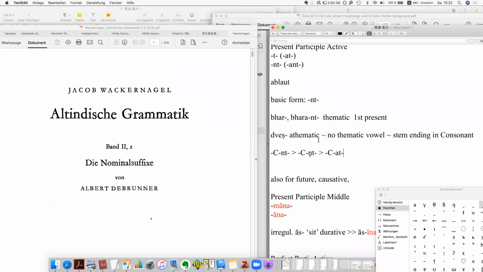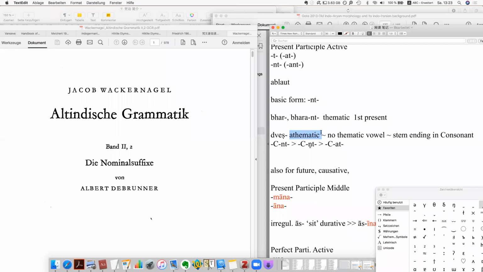And in different contexts, in athematic you have at, and for thematic you have ant. This is basically the reason behind this. Okay.